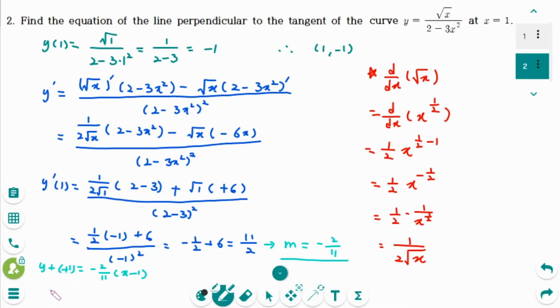Make positive. So y equals minus 2 over 11 x plus 2 over 11 minus 1. So final answer is y equals minus 2 over 11 x minus 9 over 11.